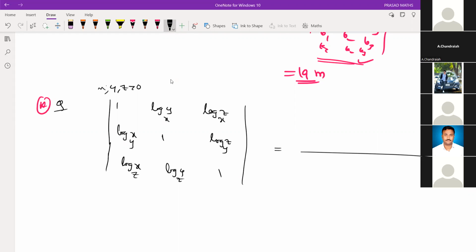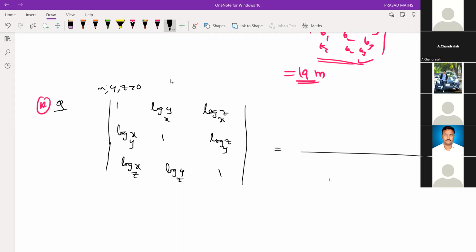See, check: put x=1, y=1, z=1. What happened? One base 1 is 0. Identity matrix.